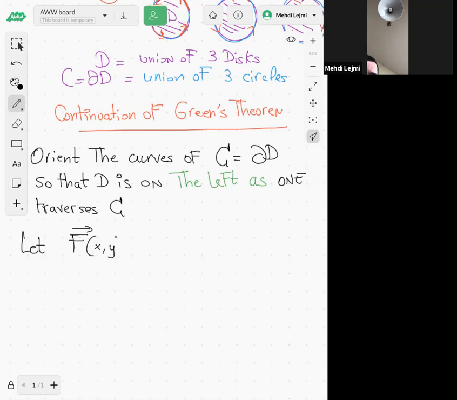We are in the plane, so we're only going to have 2 variables. This force field F is given by 2 functions, which is the notation for the force field in the case of Green's theorem. Let's say you have the first function M of x, y and N of x, y. So let capital F be a vector field.